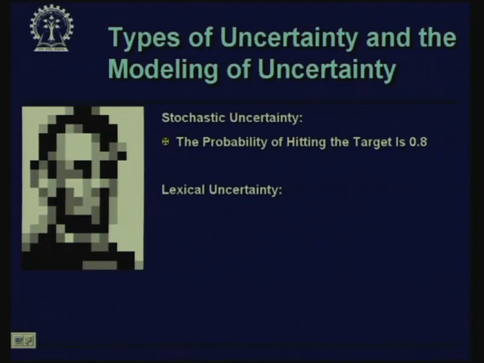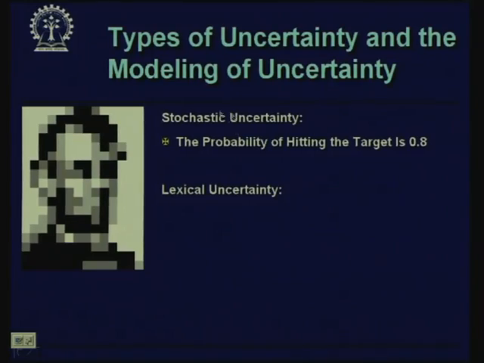But there is another category of uncertainty which is called lexical uncertainty. What is meant by lexical uncertainty? Lexicon means the dictionary or the set of words. So, the uncertainty that creeps in from our usage of day-to-day words, those are subjective, sometimes ambiguous, and often imprecise.